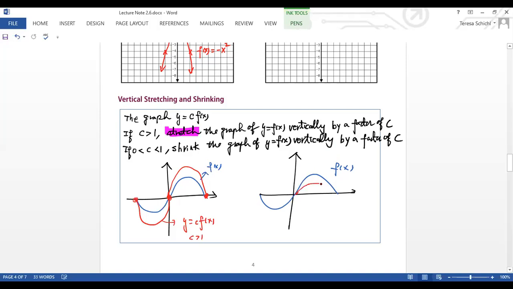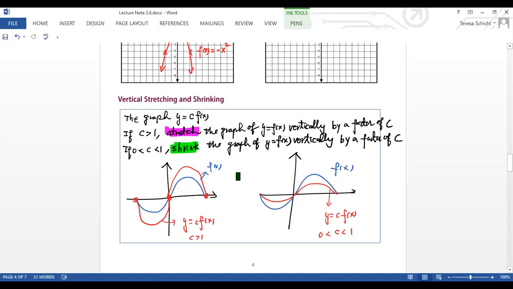So this is what the function looks like: y equal to c f of x, where c is between 0 and 1. As you can see, you squeeze your f of x. That is what we call a shrink. You push it tighter.